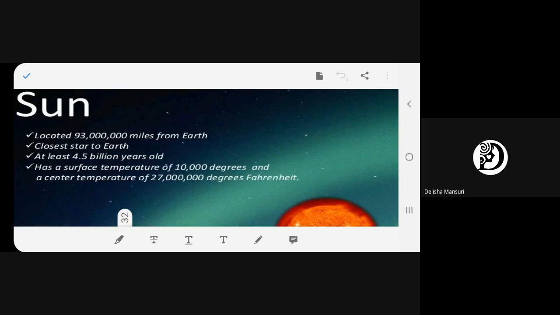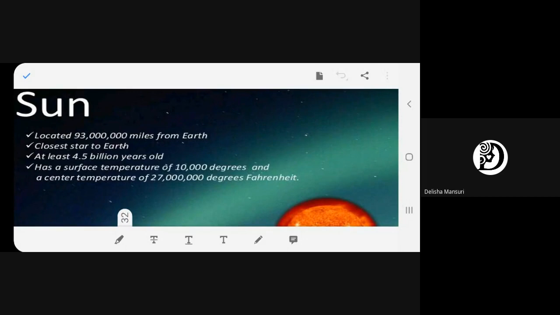This is the closest star to Earth, isn't it? It is at least 4.5 billion years old, has a surface temperature of 10,000 degrees and a center temperature of 27 into 10 raised to power 6 degrees Fahrenheit.